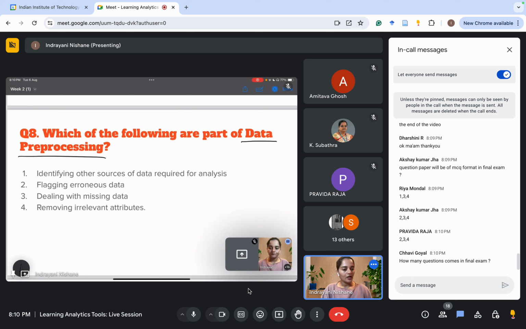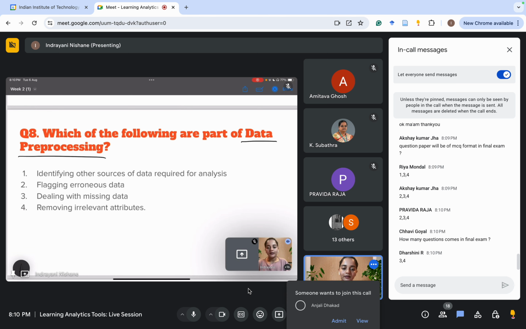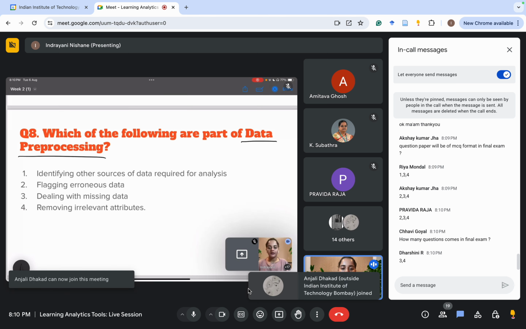Planning is something which comes before pre-processing. Once you have conducted the study and collected all the data, after that the pre-processing will start.